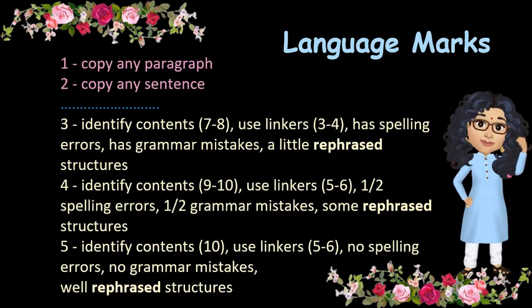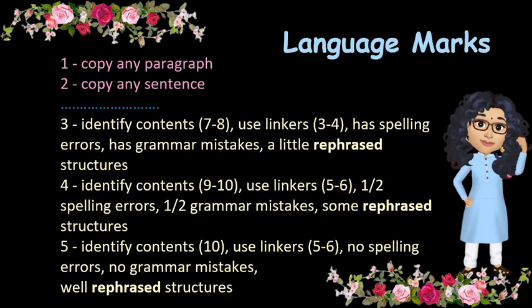Okay, so next, for those students who are thinking about scoring better grades, your mark starts from 3. So 3 means you can identify content about 7 to 8, and then you use linkers 3 to 4, and you have spelling errors, grammar errors, and a little rephrased structure. It means you are able to give a different structure there.